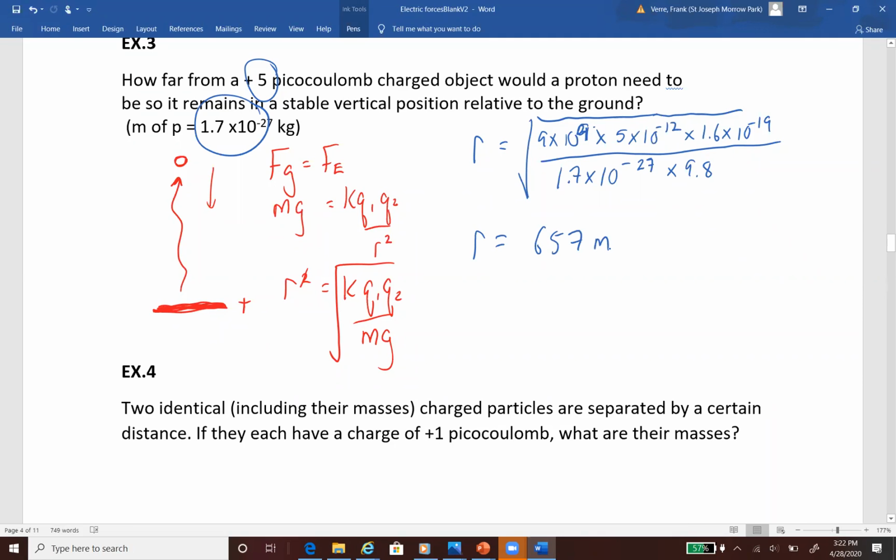So at this distance of 657 meters from the plate, assuming the plate is close to the ground, the two forces would be balanced. Okay, any questions about that so far?